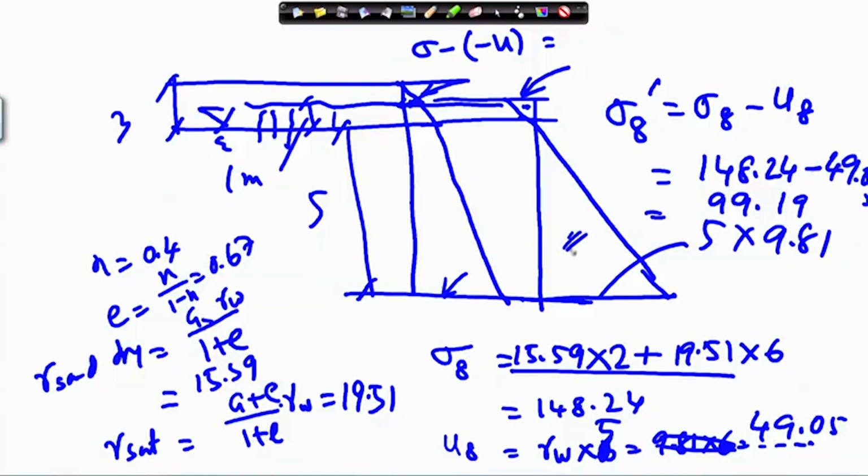So, these 2 points: the water table is unchanged, so the depth should not be taken as 6, and the pore pressure above the water table is negative, so the effective stress there increases. These are the important points to be remembered.